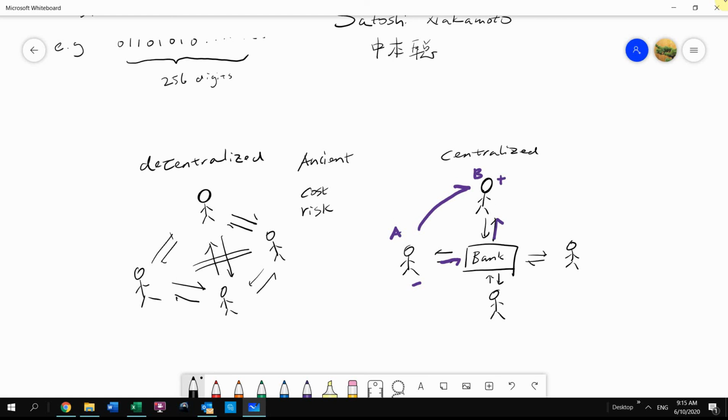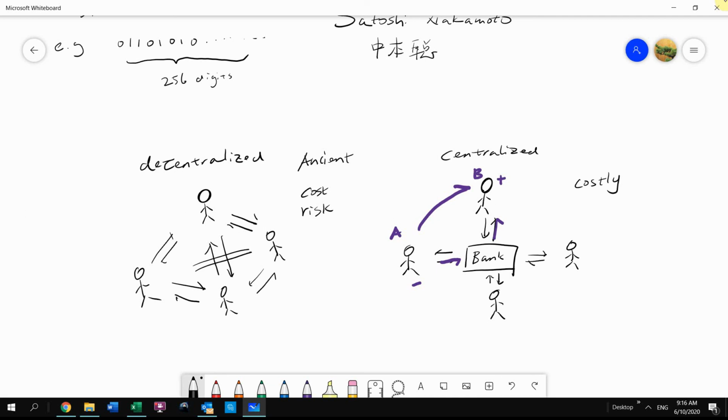So that's where the banking system was developed. And with the bank, the risk is dramatically reduced. However, it's still costly to run a bank, because the bank has a building, a lot of employees, and so basically they will charge you fees for these services.